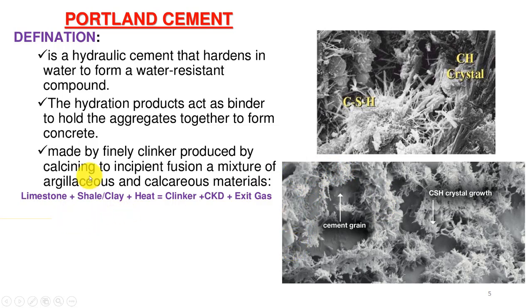So these are the microstructure studies of the cement. Here you have an equation that limestone-rich, calcium-rich rocks with alumina-rich rocks upon heating would create the clinker, and it exits the large amount of carbon dioxide into the atmosphere and other harmful gases.